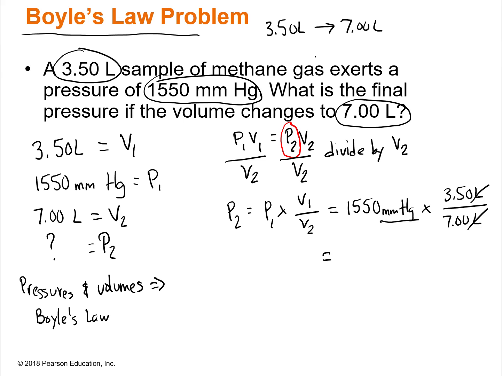It's an increase. Based on what we know about pressure and volume, what do we expect? An increase in pressure or a decrease in pressure? We should expect a decrease in pressure.